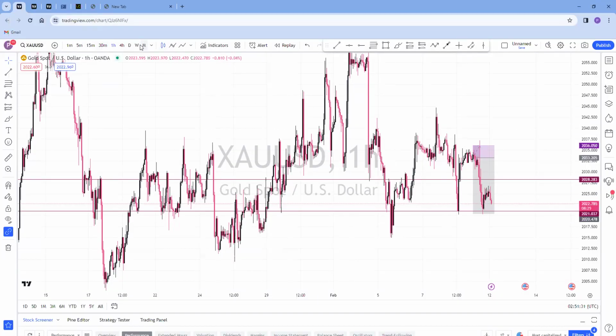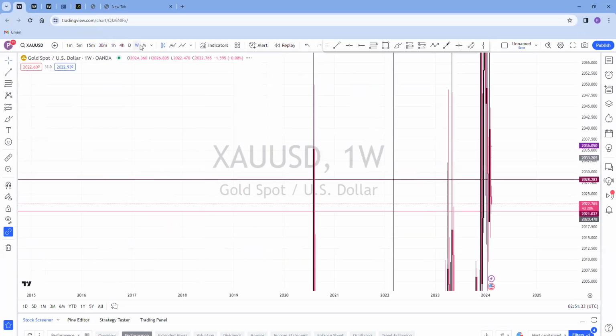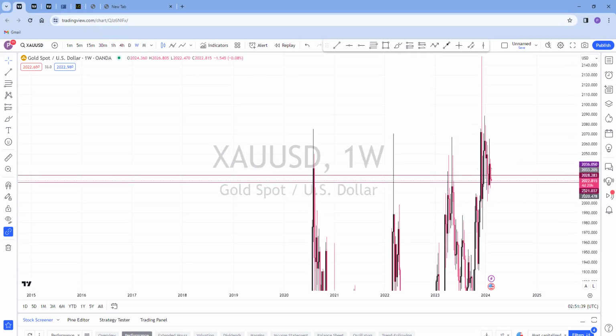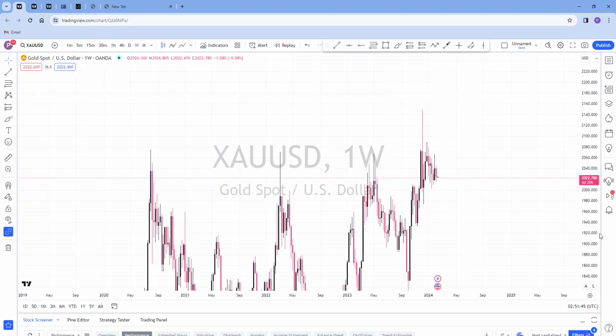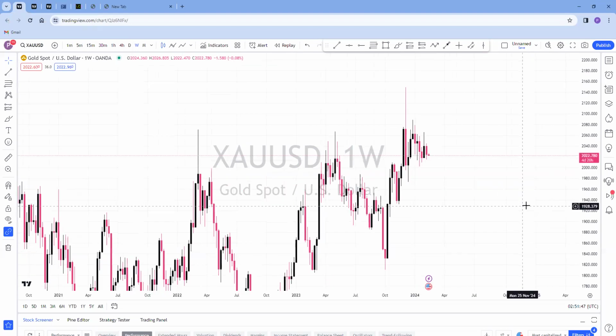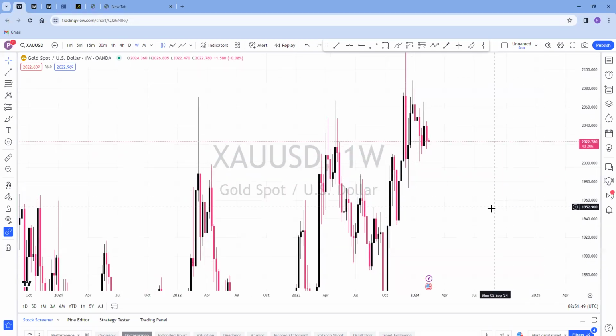First of all, weekly. Looking at the weekly charts, yesterday, those of you who attended the live session, I made you understand what is likely to happen based on what is happening inside the markets.